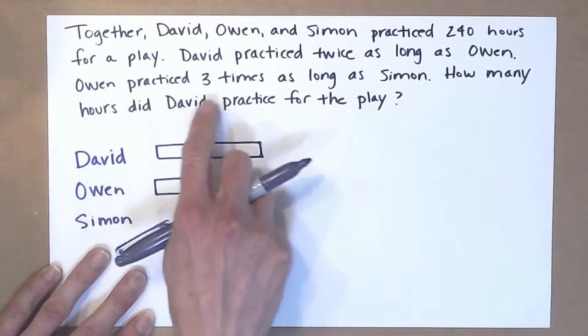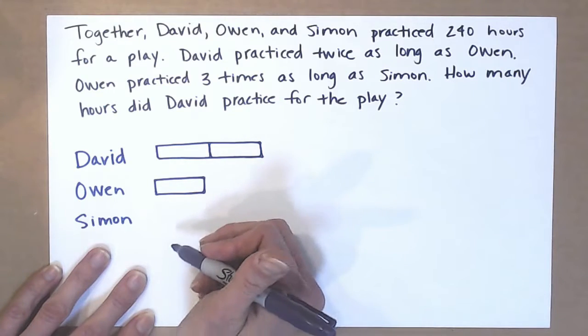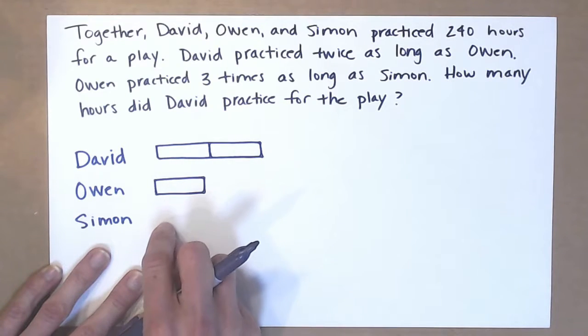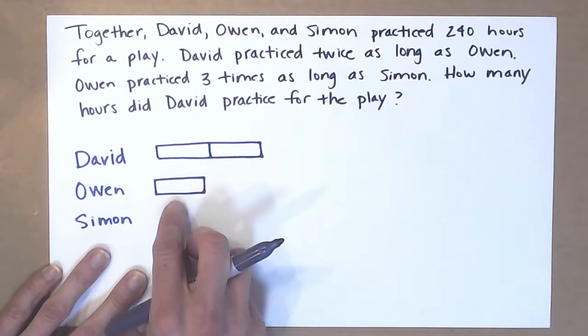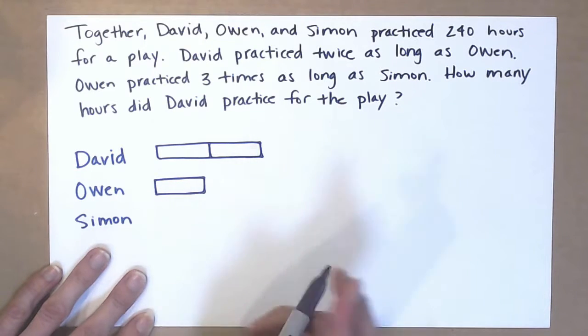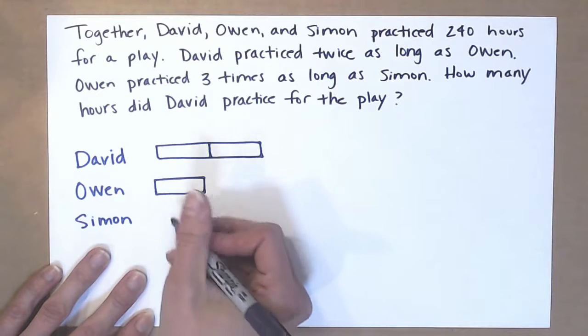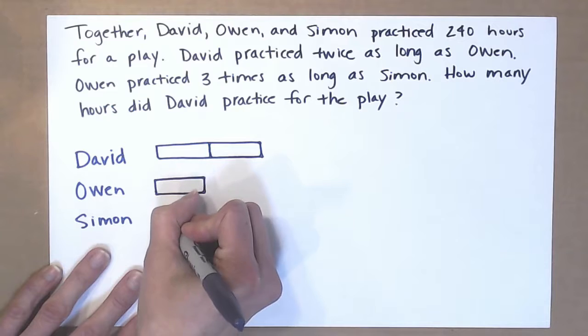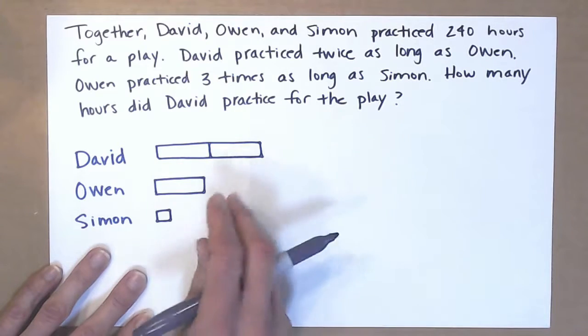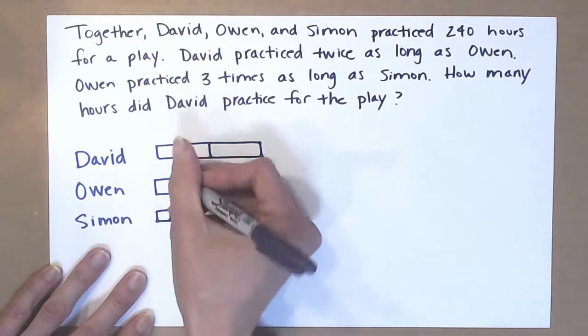Now we know that Owen practiced 3 times as long as Simon. So Owen practiced 3 times as long as Simon. Now we see here that we actually have to make a smaller part than we started with. So sometimes that happens. We want Simon's part to be 1/3 of Owen's, basically, because Owen practiced 3 times.